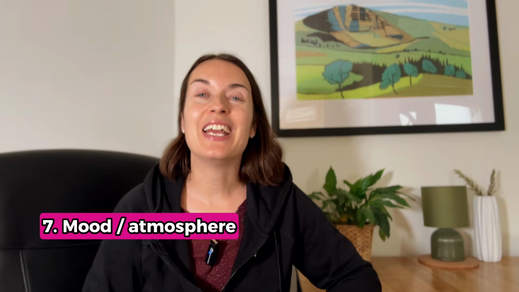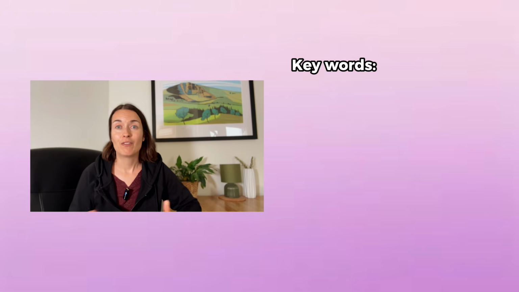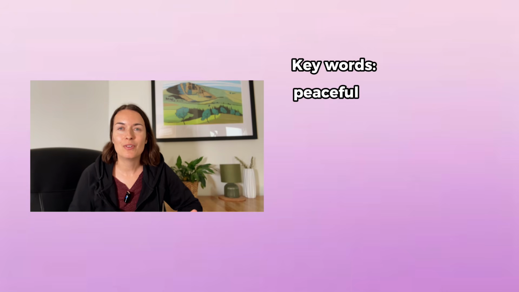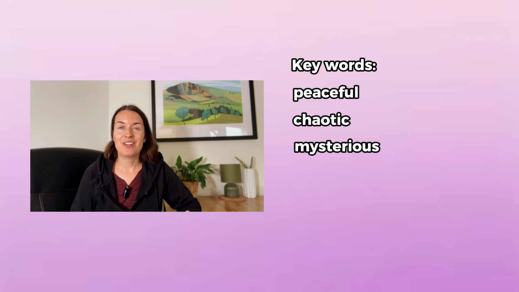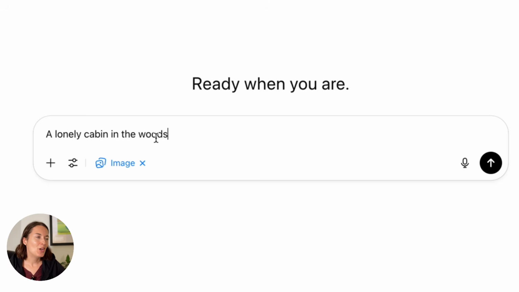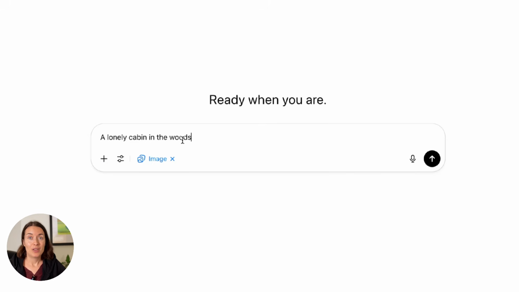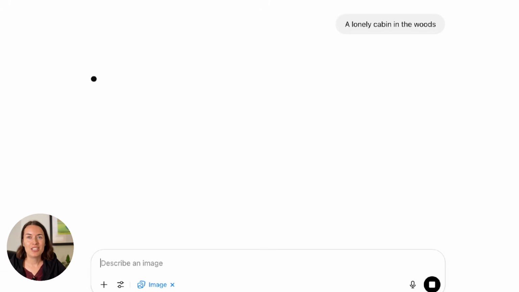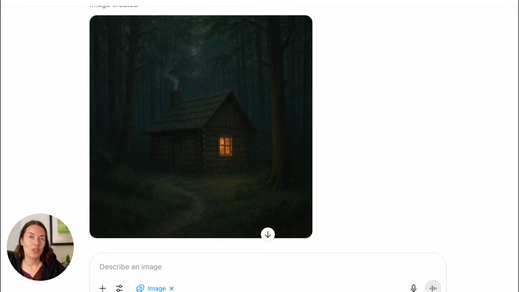The next one is mood or atmosphere. So this is the emotional tone or the atmosphere in your image. For example, it can be peaceful, chaotic, mysterious, eerie, romantic, or dreamlike. So here's a lonely cabin in the woods. The prompt is quite basic and ChatGPT is going to assume what you actually need.